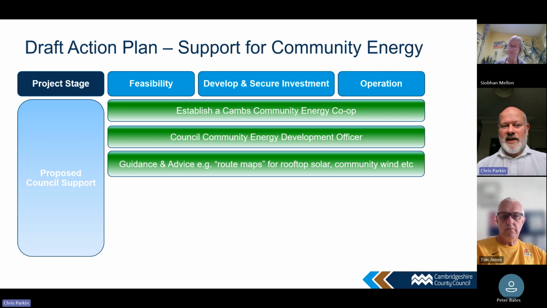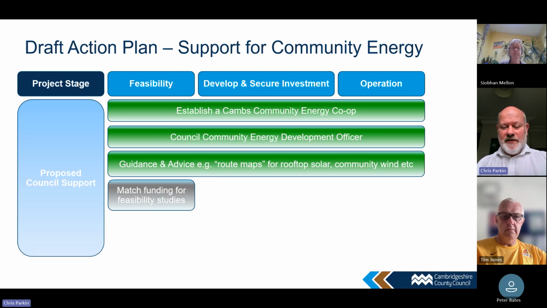And one of the ideas that came out from early engagement with stakeholders was to have what they termed route maps, setting out the steps that a group would need to take to deliver a rooftop solar PV project, a community wind turbine project, charge point projects, a whole range of typical types of projects that communities have an interest in doing.